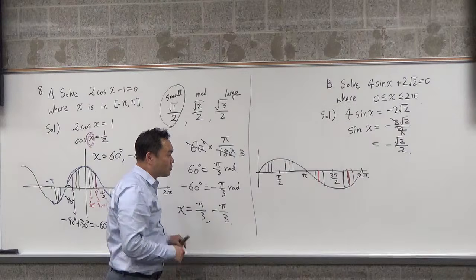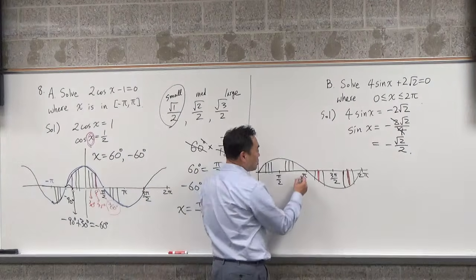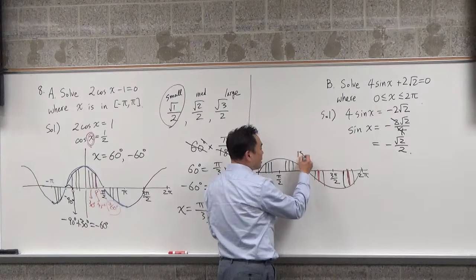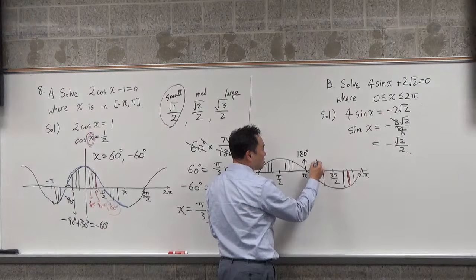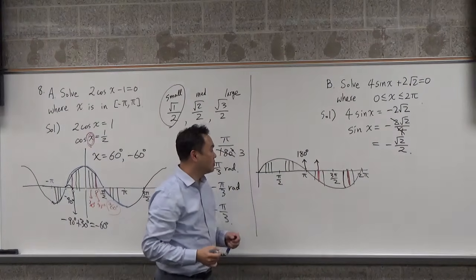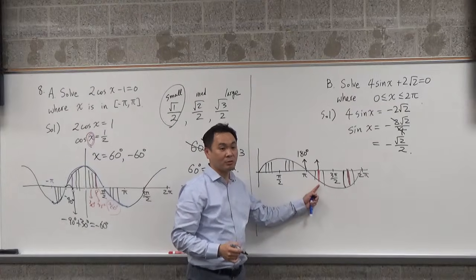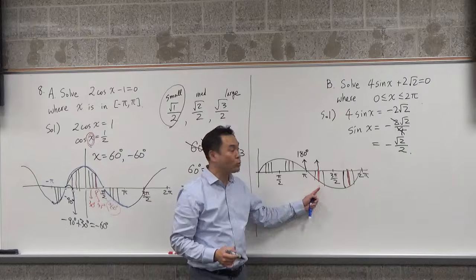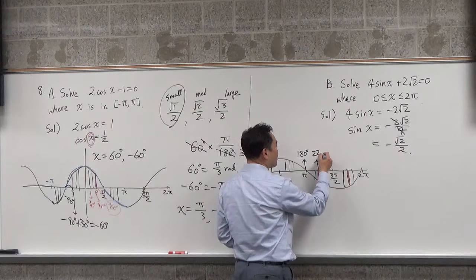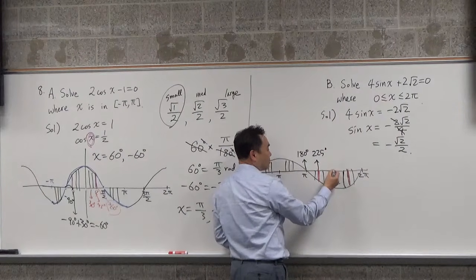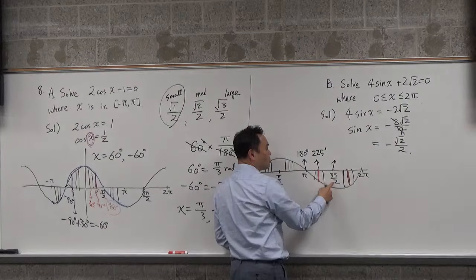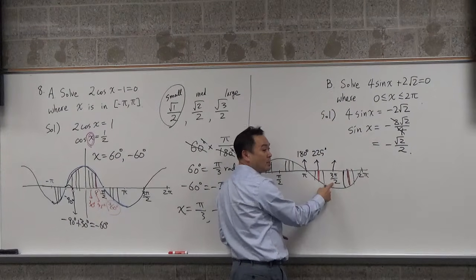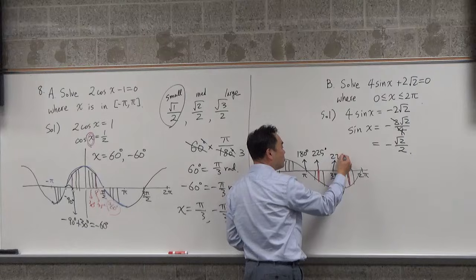Okay, so let's try to identify the angle. Remember, pi is 180 degrees. So what would this be? 180 plus 45, which is 225. Yes, that will be 225 degrees. Now this one here, 3 pi over 2 is 180 plus 90 degrees, which is 270 degrees.